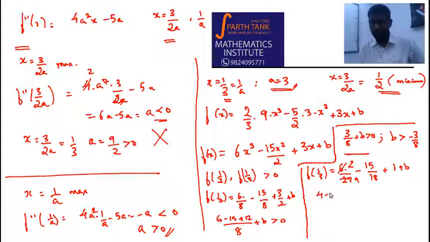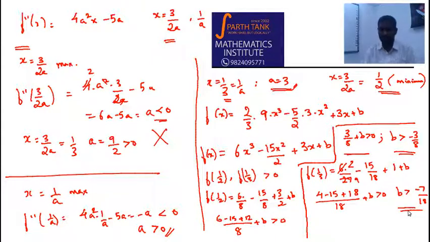So 4 minus 15 plus 18 by 18 plus b should be greater than 0. Or b should be greater than 4 minus 15, which is minus 11, so minus 7 by 18. So b greater than minus 3 by 8 or b greater than minus 7 by 18.